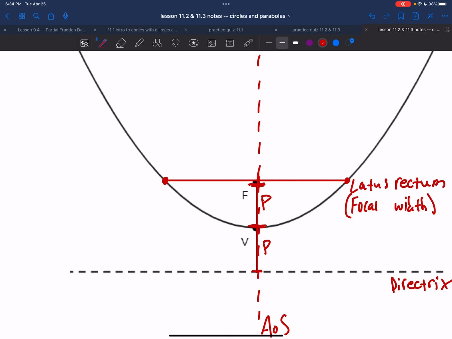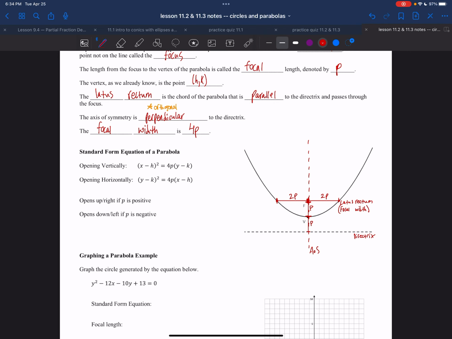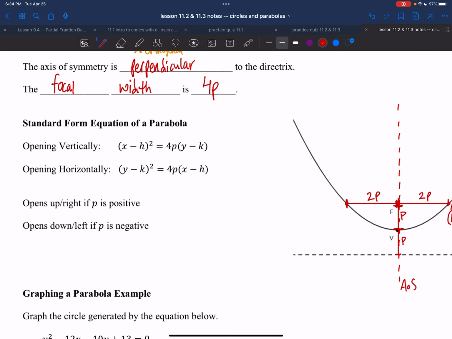So from here to here, that's 2p, because this distance from here to here is also 2p. So 2p plus 2p is 4p. That's just how that works out. It's just the geometry of a parabola. And there you go.